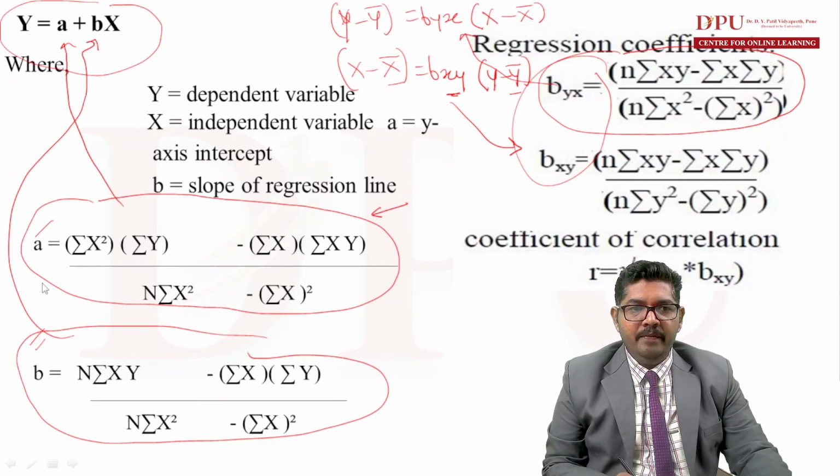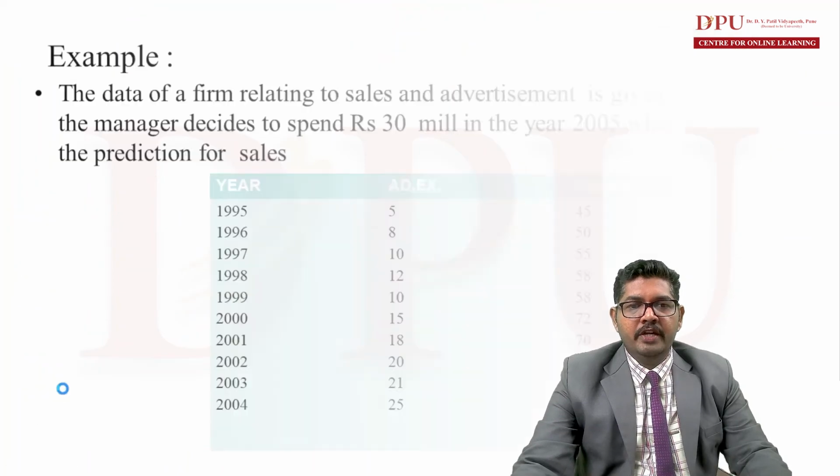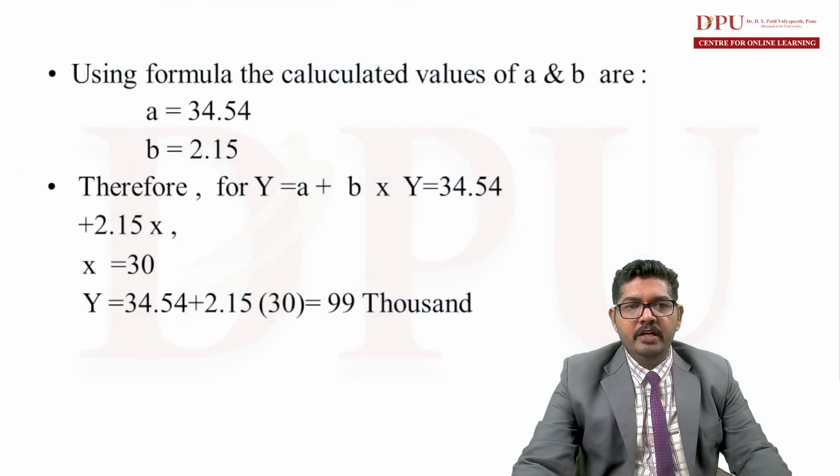This is the value of a, and this is the value of b. So by putting all these values in the equation y is equal to a plus bx, we get the equation of y on x, and then we can put the value of x is equal to 30 to get the value of y.